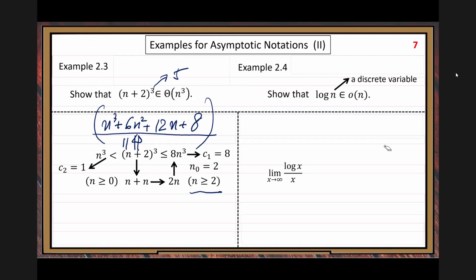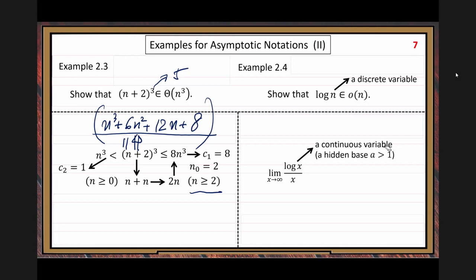Then we can apply L'Hopital's rule. When you take derivatives, it's legal.